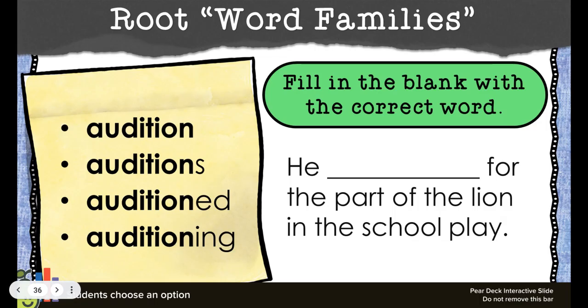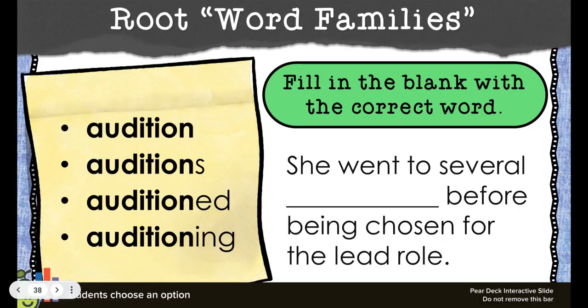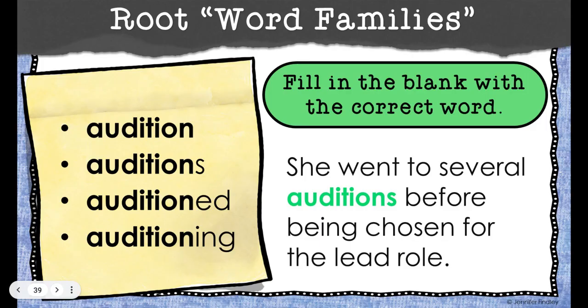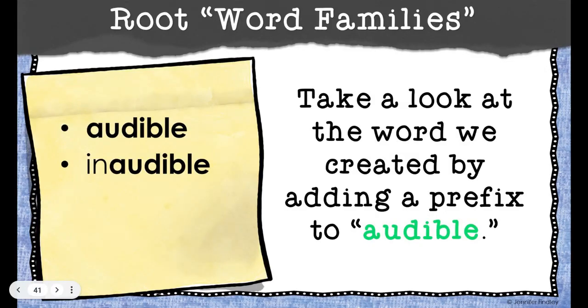He blank for the part of the lion in the school play. He auditioned, past tense. She went to several blank before being chosen for the lead role. Auditions before being chosen.